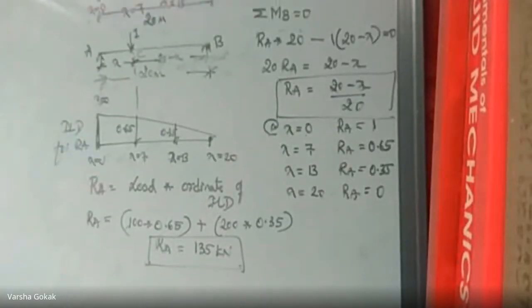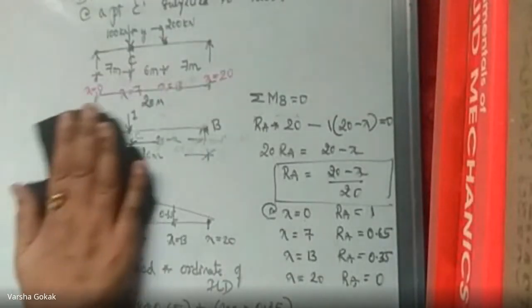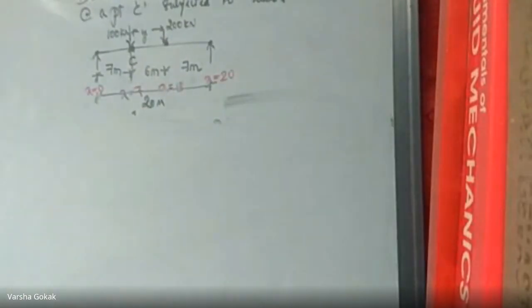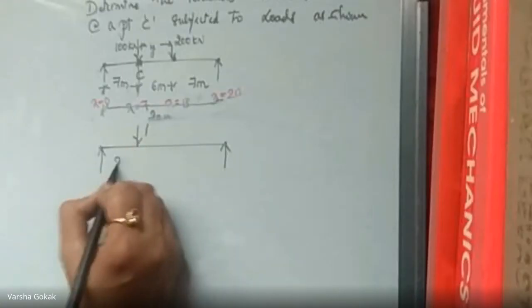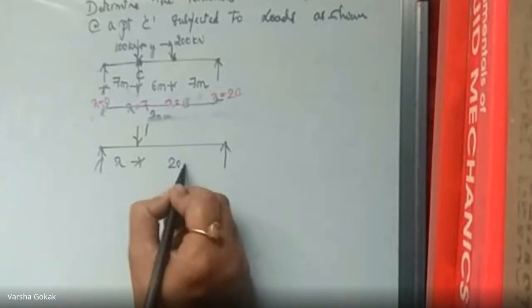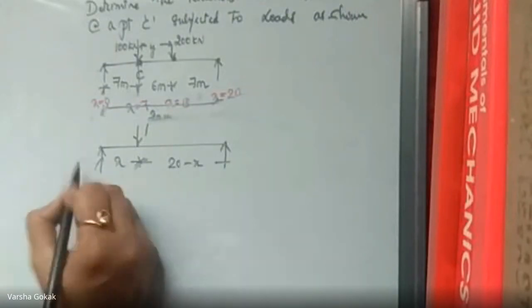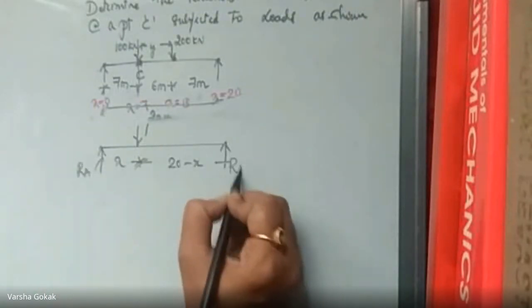Now the same procedure goes on repeat for RB, right? So I'll solve for RB. So when I'm doing for RB, the beam remains the same. This is the beam, and this is your unit load acting at x, and this is 20 minus x. This all will remain the same. This is RA and this is RB. Okay.